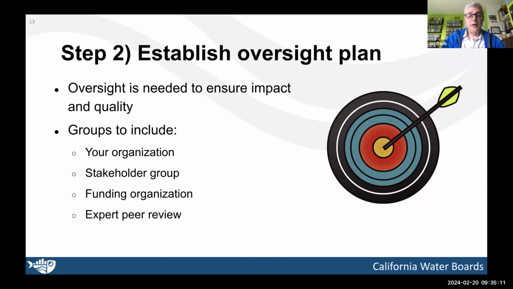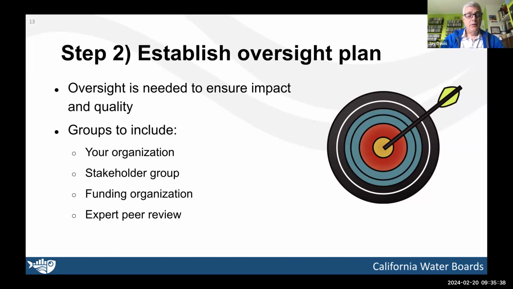The groups that are likely to be involved would be your organization. You might have a stakeholder or community or tribal group or group of tribes that would be interested in your work and that you would like to report out to. If there's a funding organization, then it's good to include them, or they're part of your oversight plan.